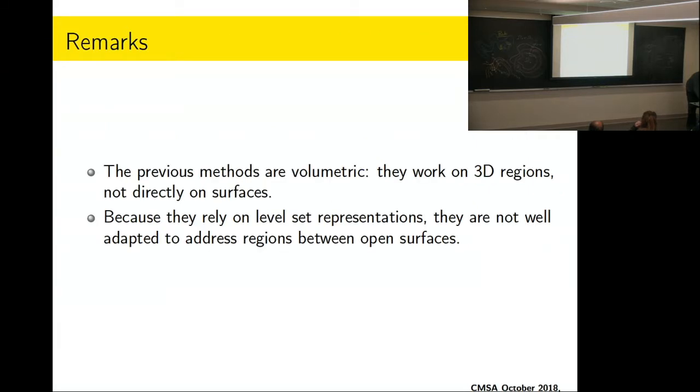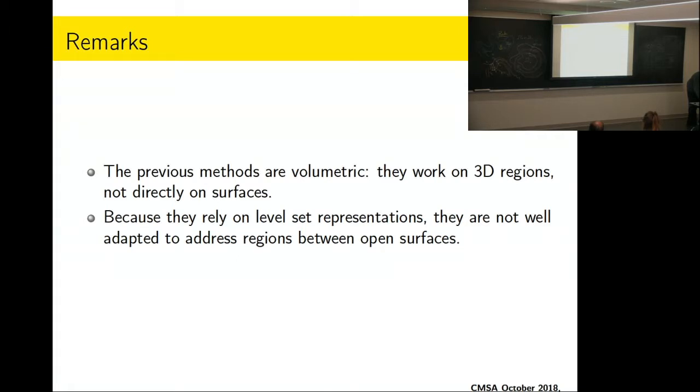So, two remarks on these methods: they are based on volumes. You need to have the interior between the two surfaces, or the interior of each surface, so they are relevant when you have closed surfaces.